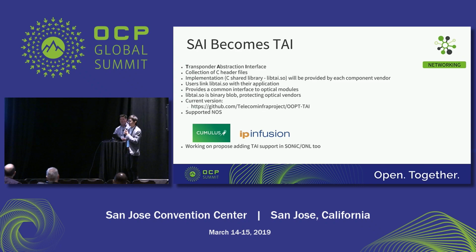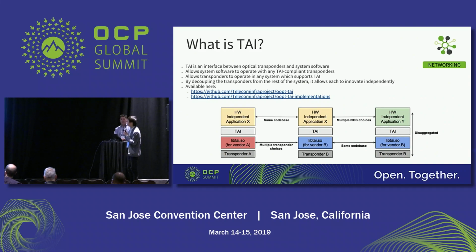And IP Infusion, which supports Cassini, is also using TAI in their NOS. And my plan is to put the TAI also into SONiC. So hopefully I want to have SONiC support in Voyager and Cassini and add this TAI functionality into SONiC.